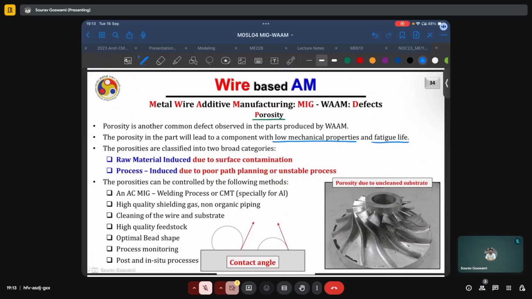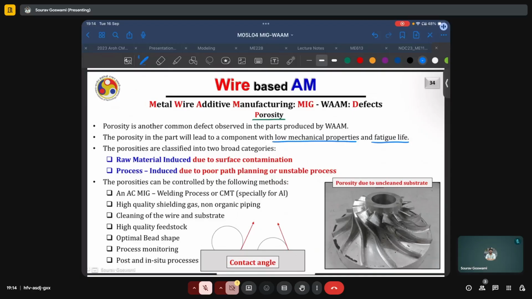Porosities are broadly classified into two types: raw material induced, which are because of surface contamination of the wire, and process induced, which may be because of an unstable process, improper choice of deposition parameters due to poor path planning, or contamination in the gas or something.